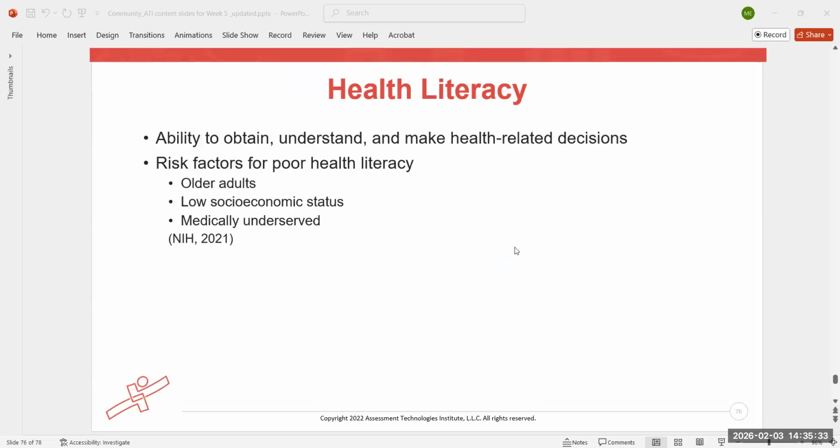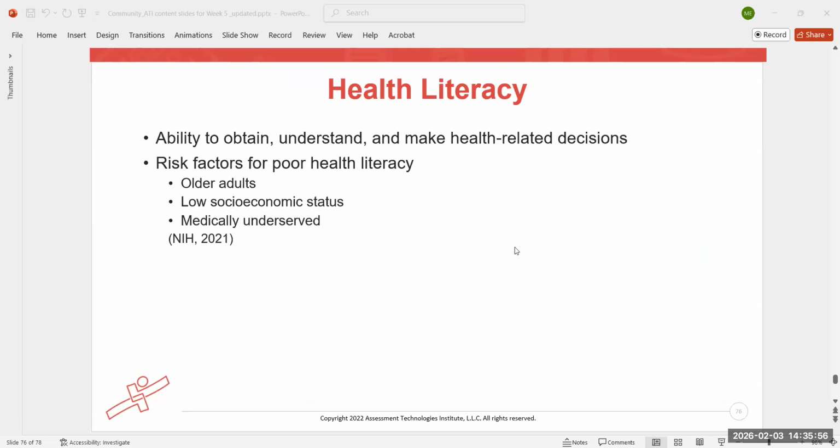Health literacy, this is a huge piece that we want to always make sure that we are assessing with our patients. Health literacy is the ability to obtain, understand, and make health-related decisions. There can be risk factors for poor health literacy, specifically when working with patients who are older adults of a lower socioeconomic status and who may be medically underserved.